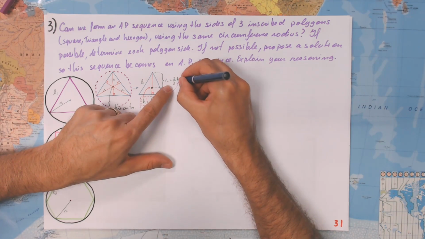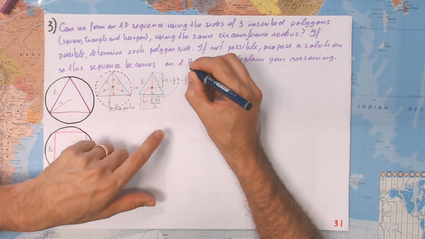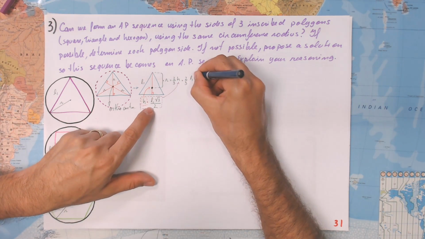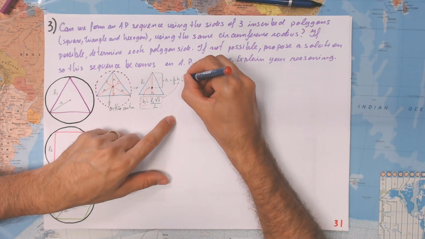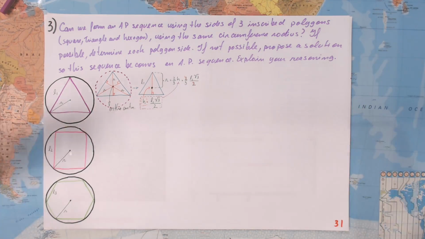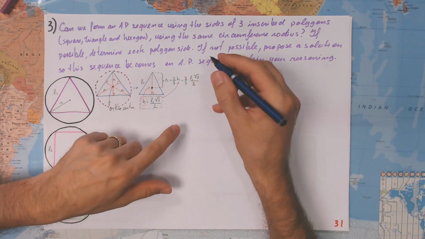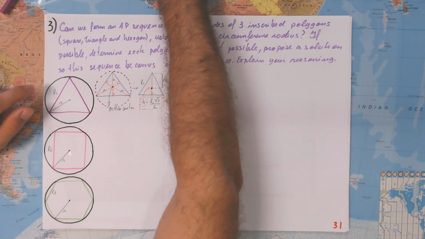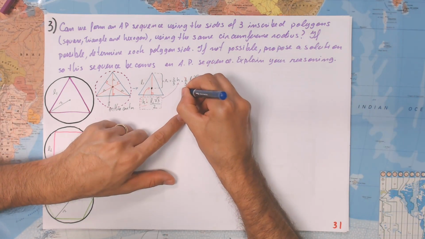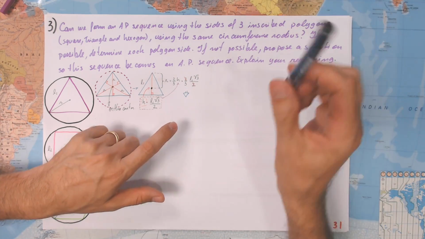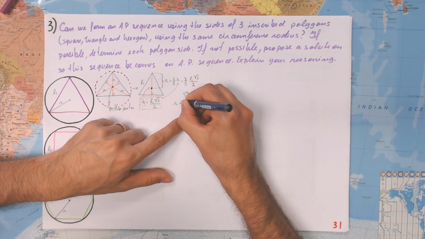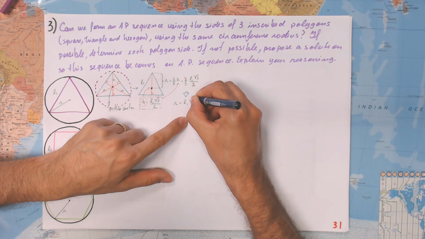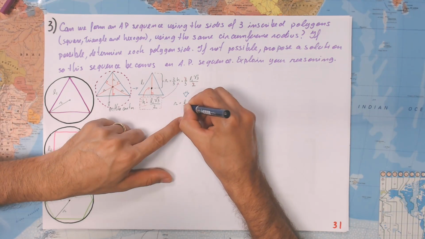The radius is also 2/3 of L square root of 3 divided by 2. Cancel, cancel. And now we have a very clear relationship. We know that now radius equals L square root of 3 divided by 3.